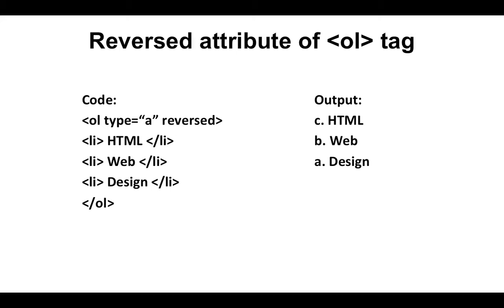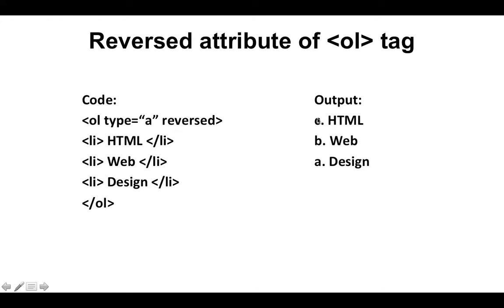And this distinction you should make, because some of you are writing type equal to reversed. That is wrong. So make a clear distinction between what values can be held in type and how you have to use the reversed attribute. Now here I have used type equal to A and then I have used reversed.